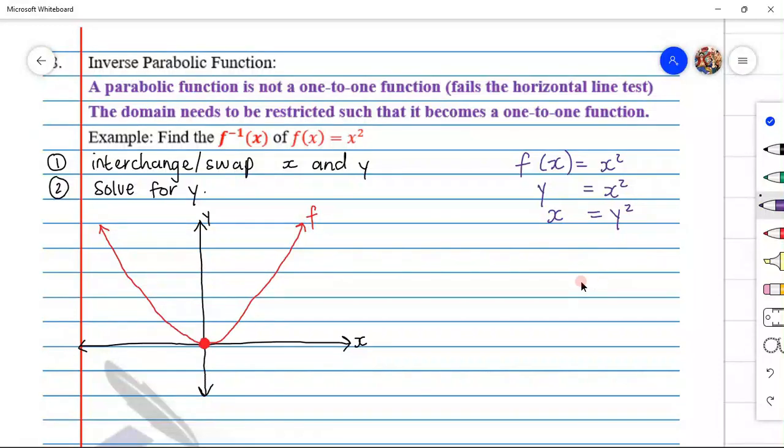So how do we get rid of the squared on top of y? We need to square root both sides. So if we were to square root both sides, we'd end up with the root of x. Now, we need to look at the function that we have in order to determine what part of our domain we need to remove.